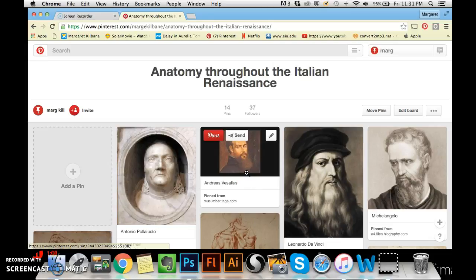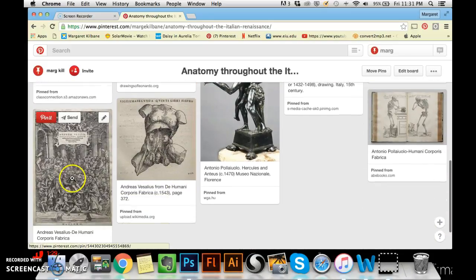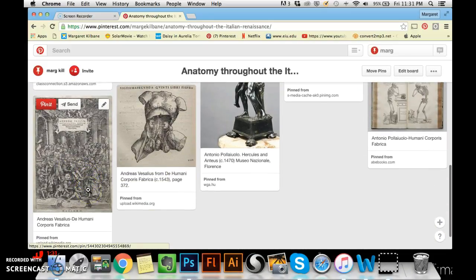He was a professor who started a new way of teaching anatomy and surgery using dissection as his presentations. And he also wrote a very detailed book in 1543 called De Humani Corporis Fabrica, this is the cover of the book right here.